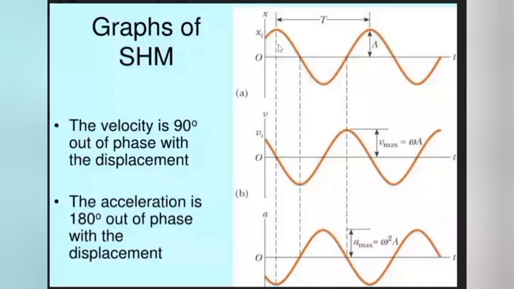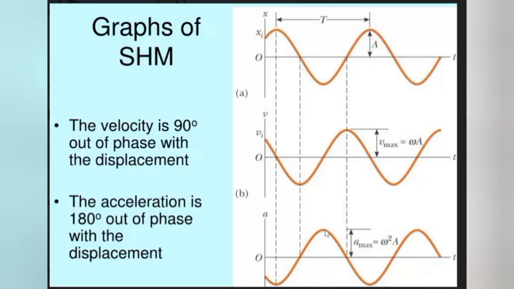On the second vertical line, the first one, the x graph, starts from the top going down. For the v graph, it starts from the middle, going down before it starts going up. Then the acceleration graph starts from the bottom, coming up to the top, because it's inverse.